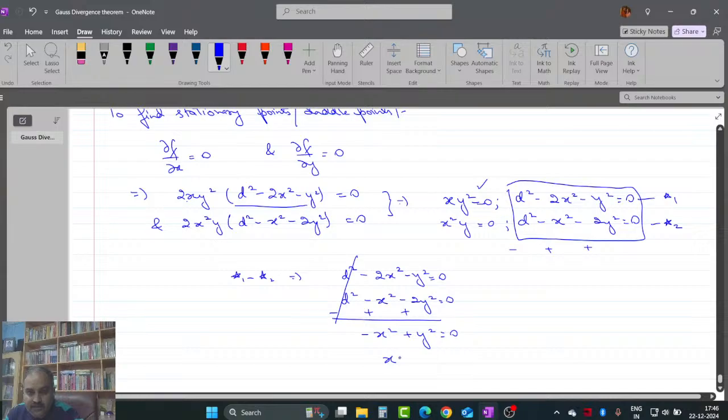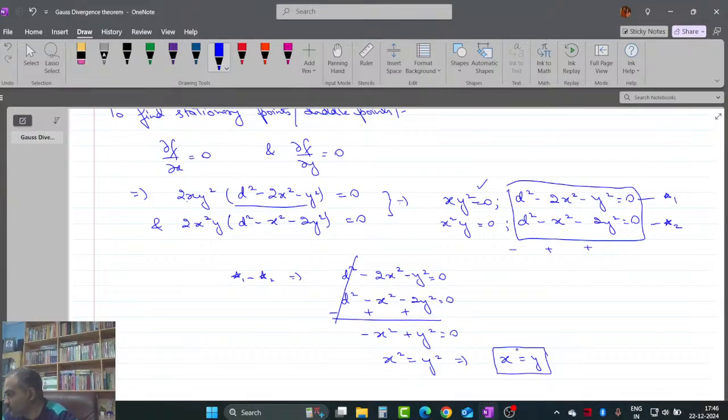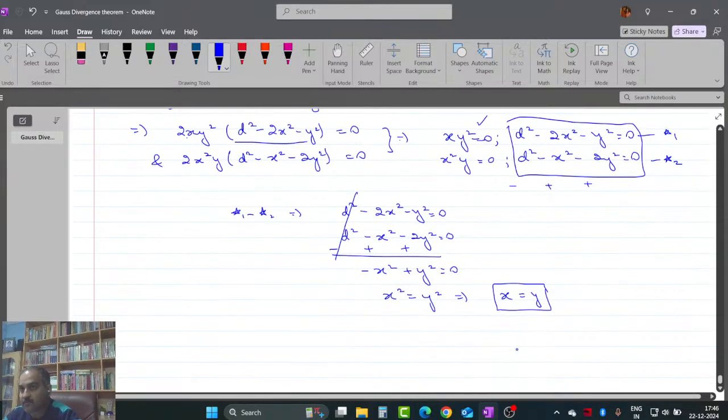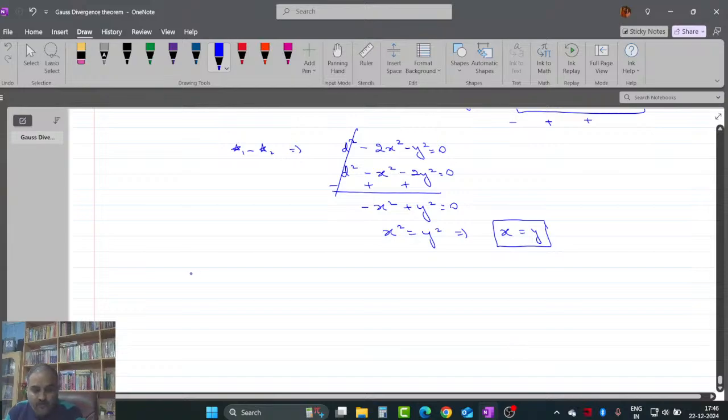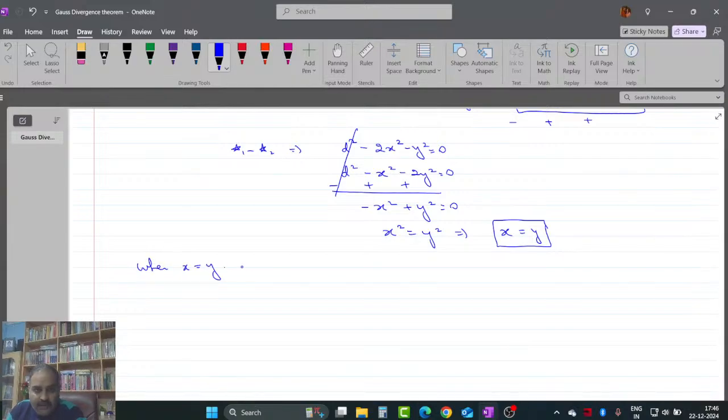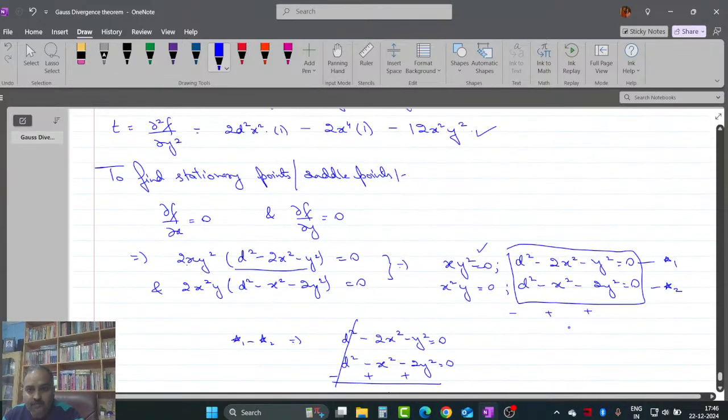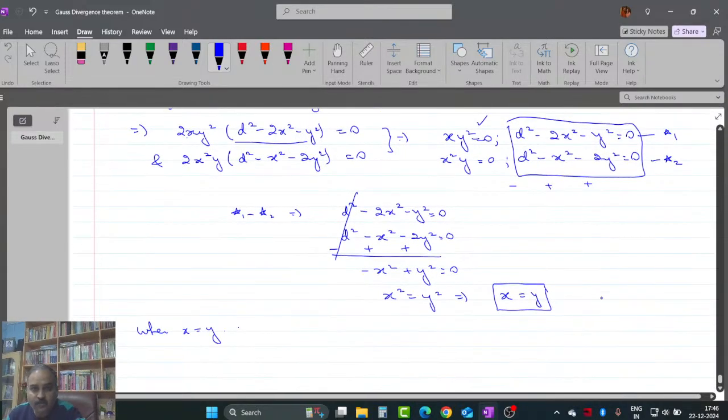So that means x² = y², or we can say x = y. We don't take the negative sign because length and breadth cannot be negative. So when x = y, I need to substitute these values in star 1 and star 2.